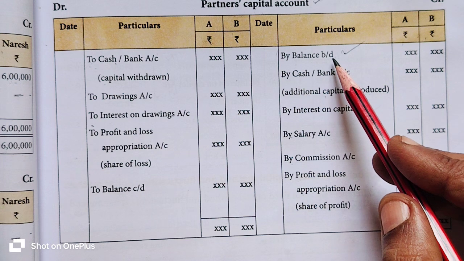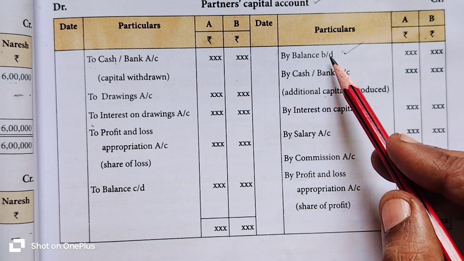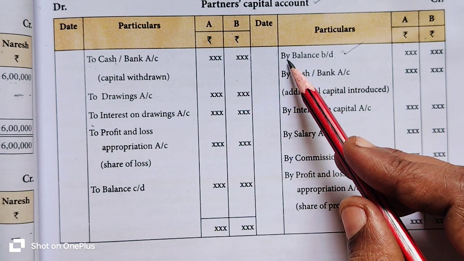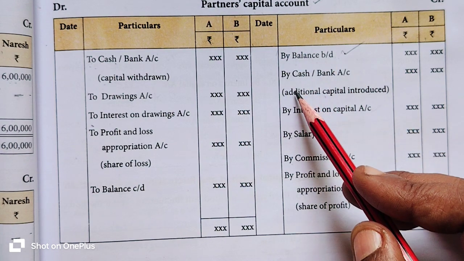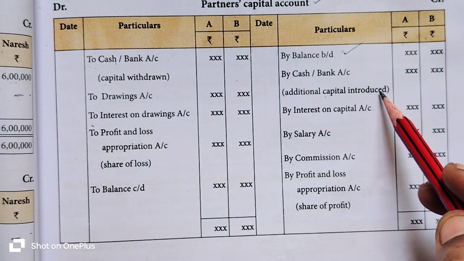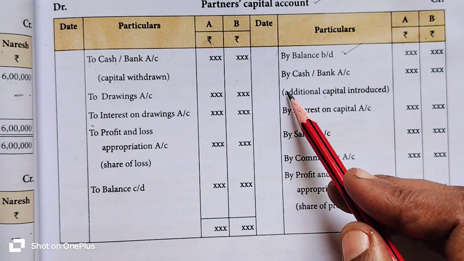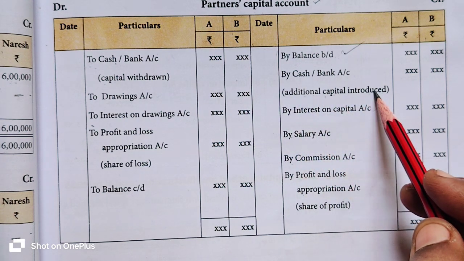The capital introduced when they started business is called opening capital, and we write it by balance b/d. And additional capital introduced during the year by the partners you have to write by cash account or by bank account. You should write within brackets, additional capital introduced.